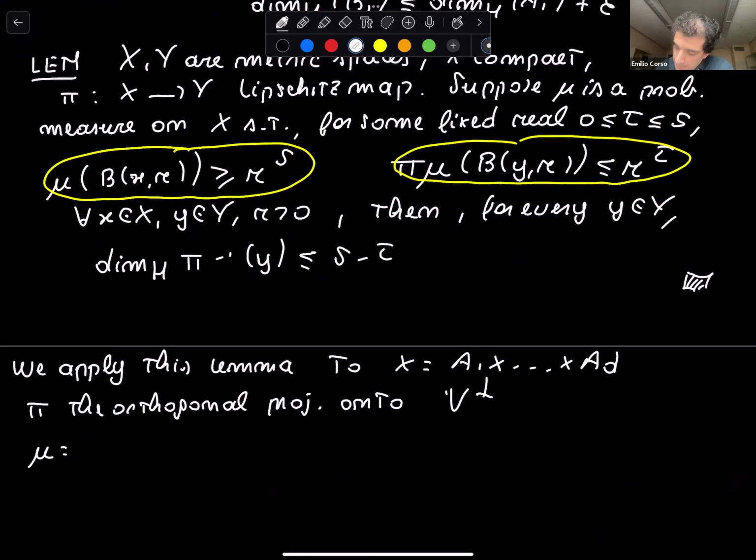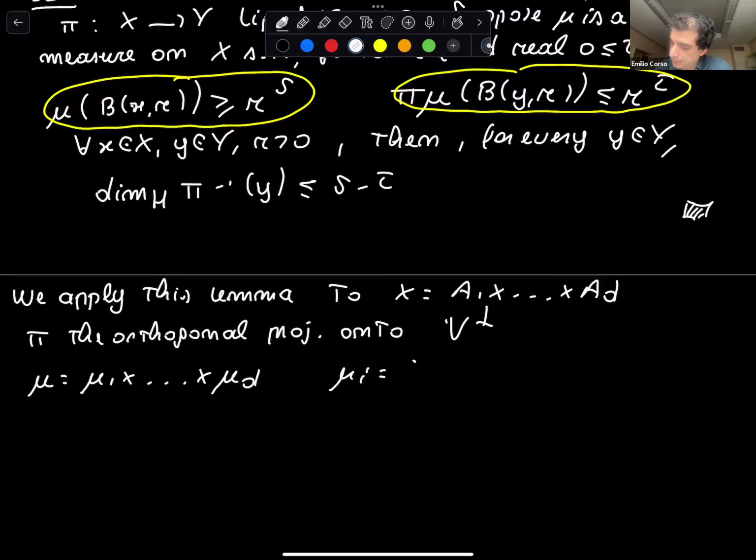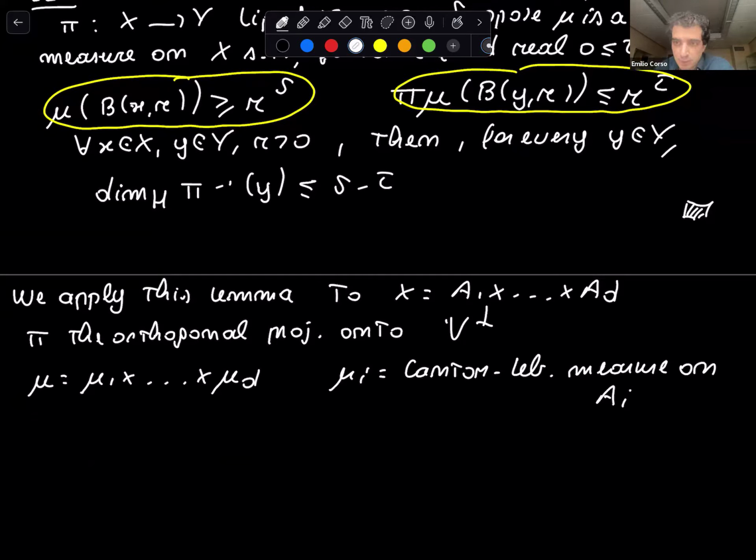And mu is the product of the natural Cantor-Lebesgue measures supported on the Cantor sets. Mu I is the Cantor-Lebesgue measure of maximal entropy, maximal dimension, however you want to characterize it, on A I, for which everything is known, and has been known for quite some time, because these sets, Cantor sets, are the nicest fractal objects you can imagine, and for the natural self-similar measures they support, everything is known.